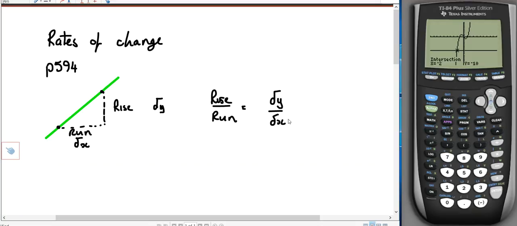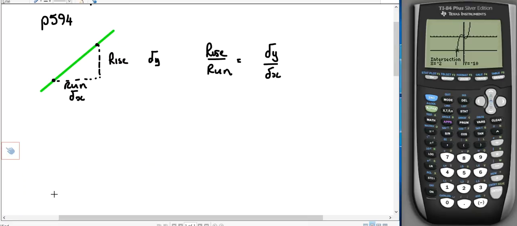Now, what we need to consider is, if the gradient is steeper, what does that mean? If I take a second line and draw it like that, we know the gradient is higher. So we know dy dx is different, it's higher.